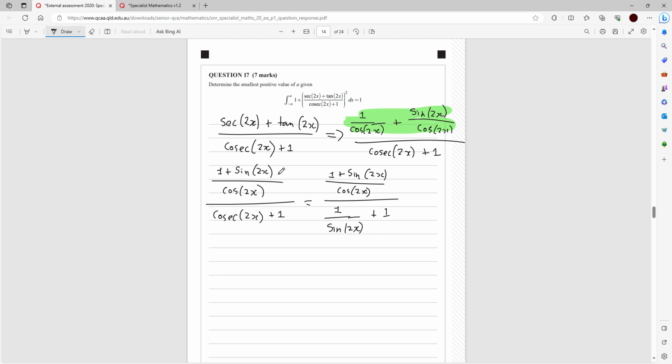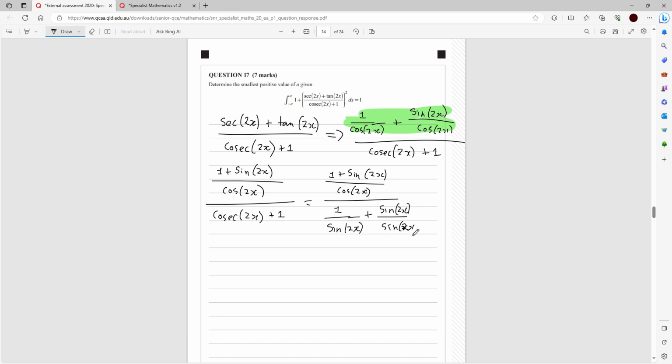Now I want to combine this with that somehow, and the way you can do that is make them have a common denominator. So you can rewrite 1 as sine of 2x on sine of 2x. If we do that, this is what we get: 1 on sine of 2x plus sine of 2x on sine of 2x.